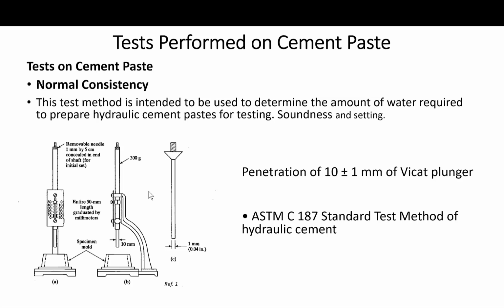A paste is said to have normal consistency when the plunger penetrates 10 plus minus 1 millimeter below the original surface, right here usually, in 30 seconds. So the amount of water required is expressed as a percentage by weight of the dry cement. The usual range being about 24 to 33%.